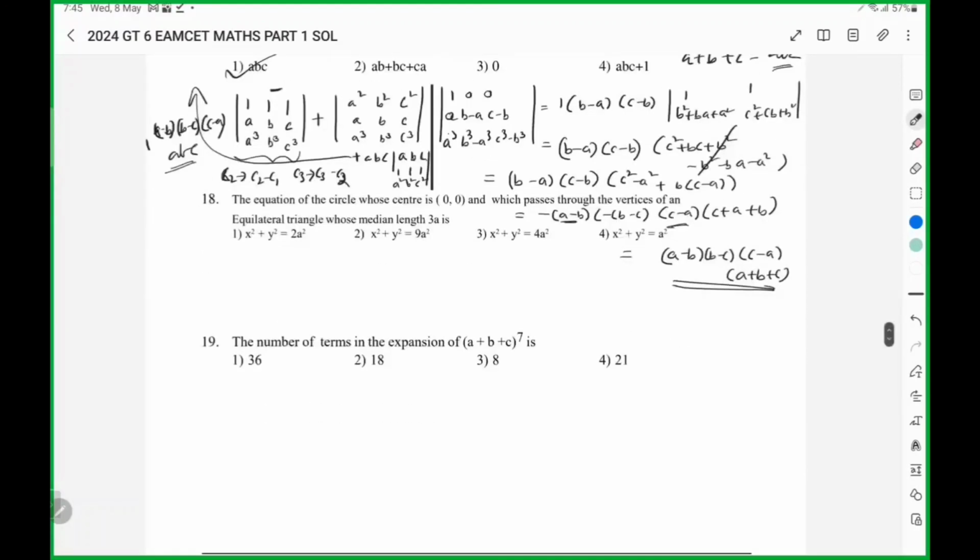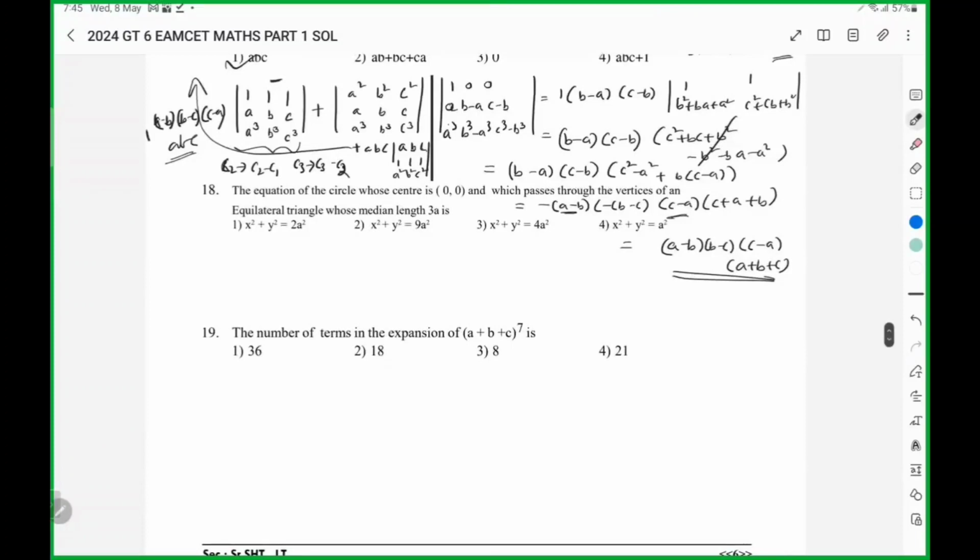So here this is the equation of a circle whose center is 0, 0, which passes through the vertices of an equilateral triangle whose median is of length 3a. Median or perpendicular bisector are one and the same.